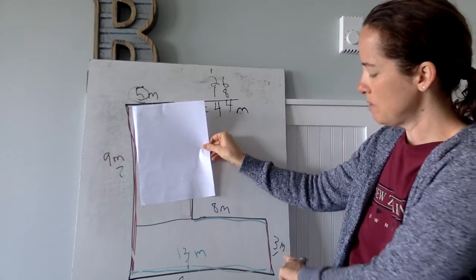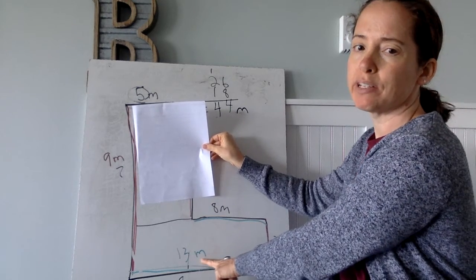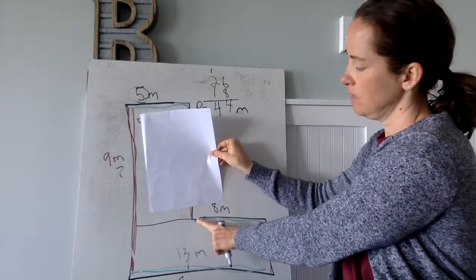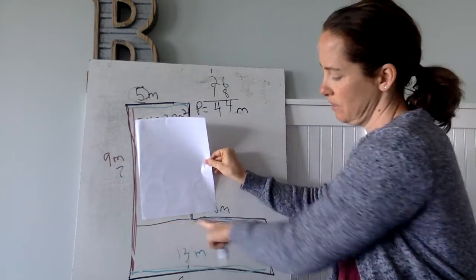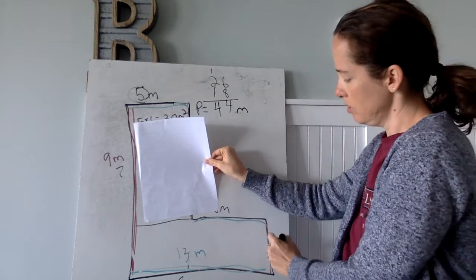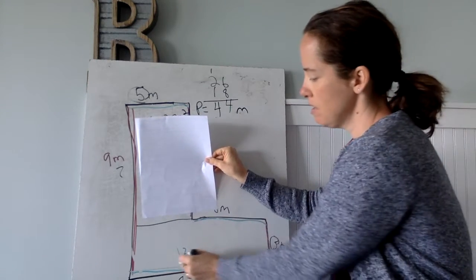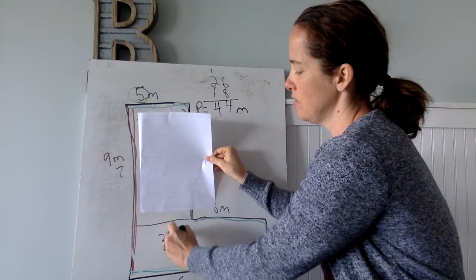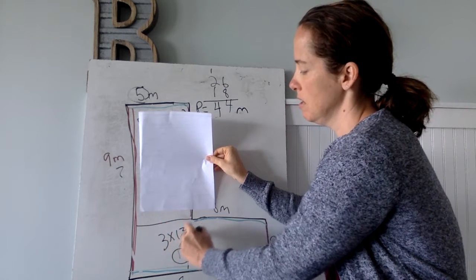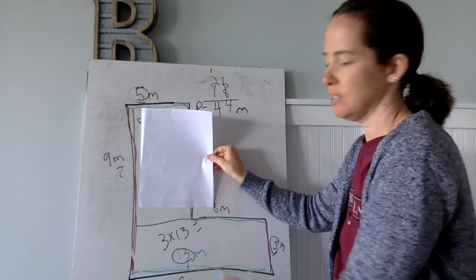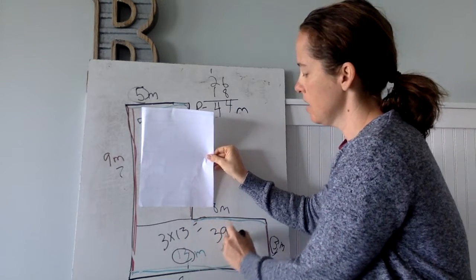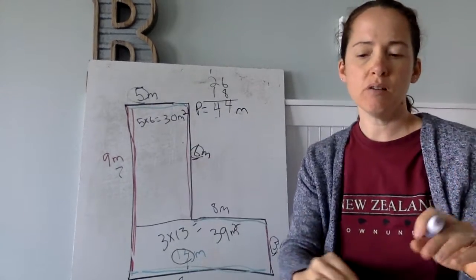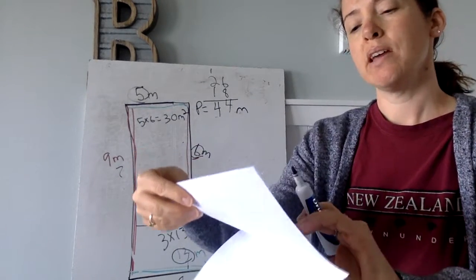Well, I know it's going to be a 3 by 13 rectangle, not a 3 by 8 because the 8 stops here. We have to consider this whole thing. So a 3 by 13. Well, we find the area by doing length times width. So 3 times 13 is 39 square meters.